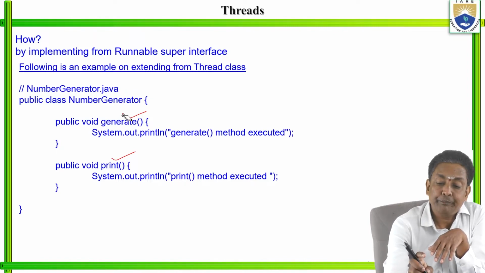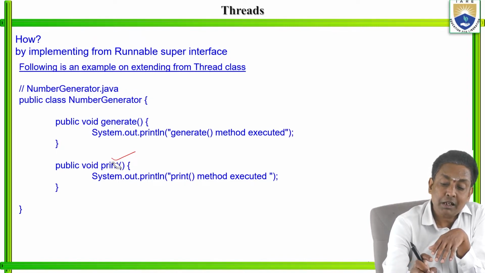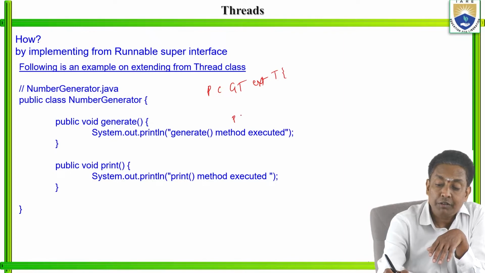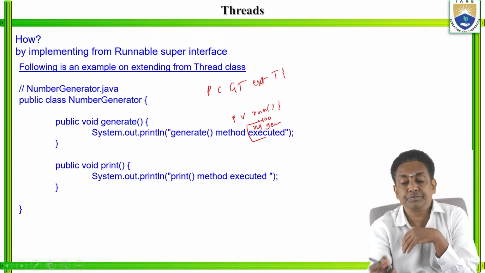Everything is the same. But in the previous example, for this generate method, we wrote a class called public class GenerateThread extends Thread. From the public void run method, we called the numberGenerator.generate method in a for loop of 100 times.